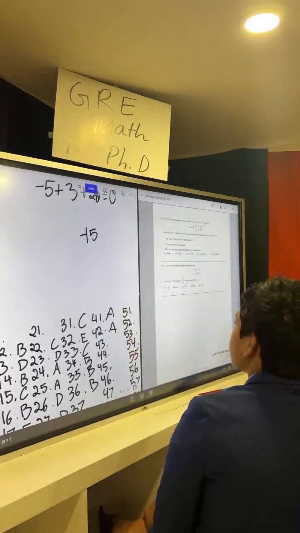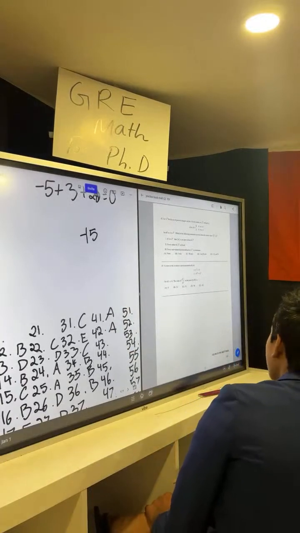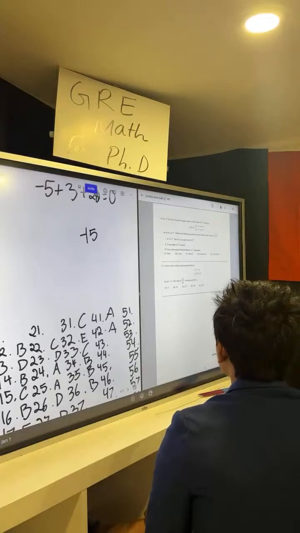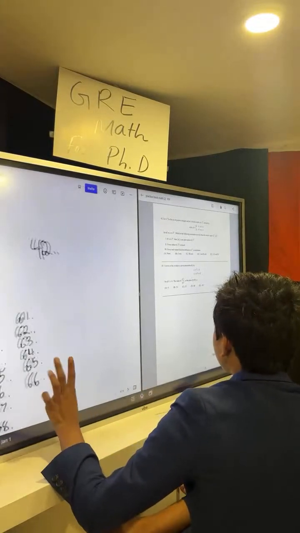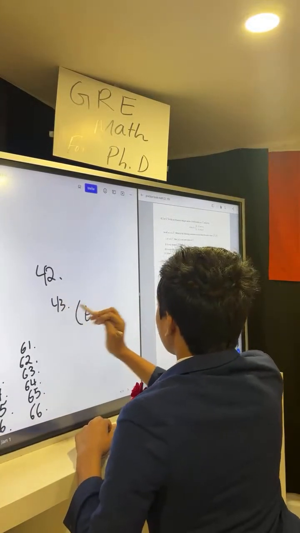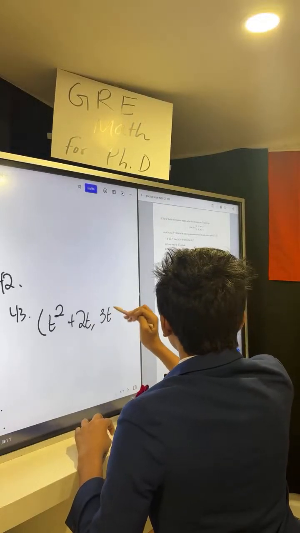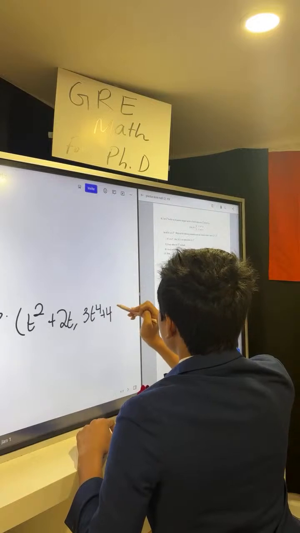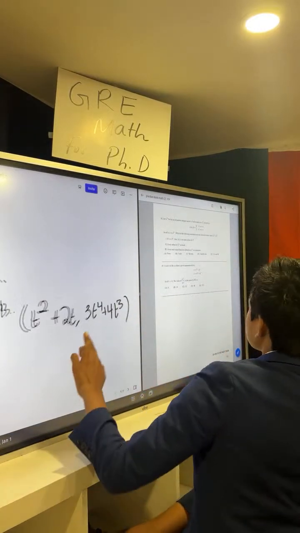43. A curve is given parametrically by. Oh boy. Okay. So we have the parametric curve t squared plus 2t, 3t to the 4th plus 4t cubed. So let's see.